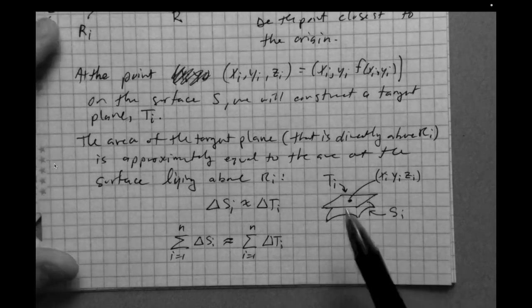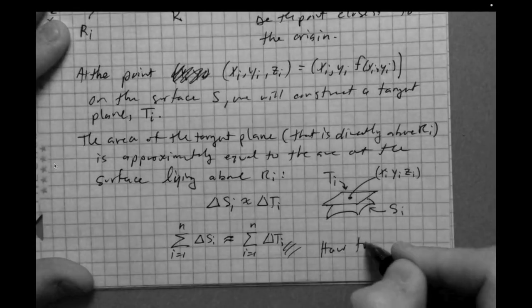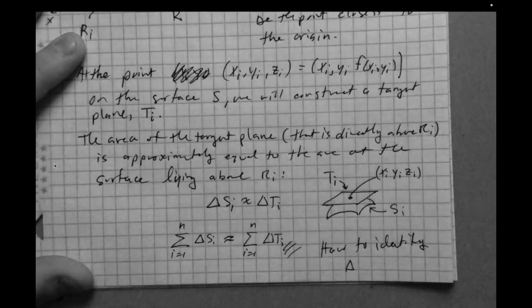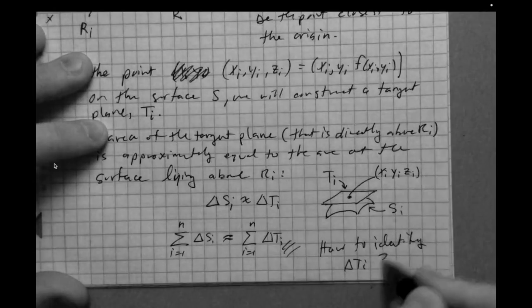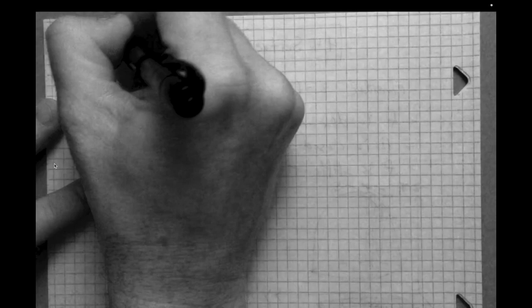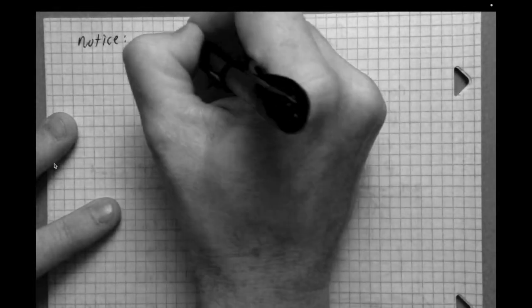Okay, so how are we going to identify the area of Ti? Well, first of all, a couple of things to notice here. Notice first that Ti is a parallelogram.